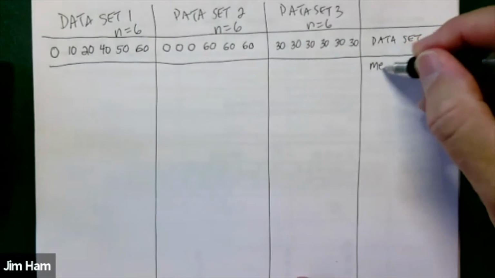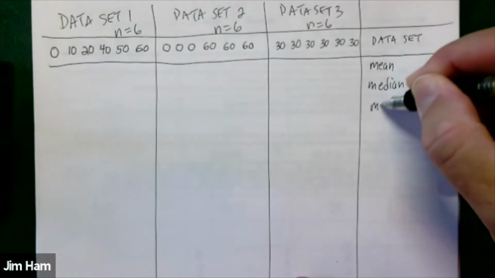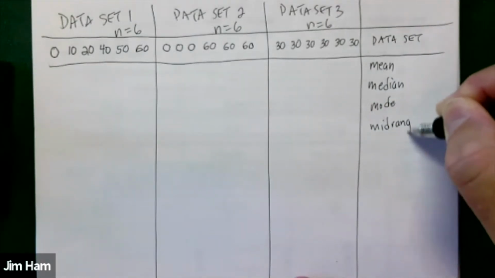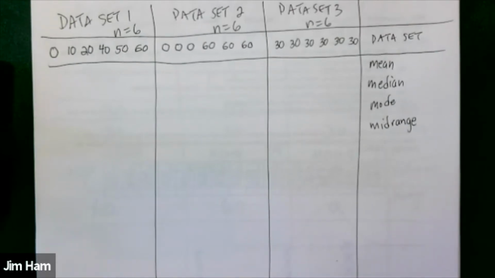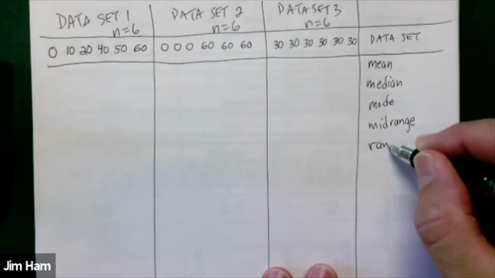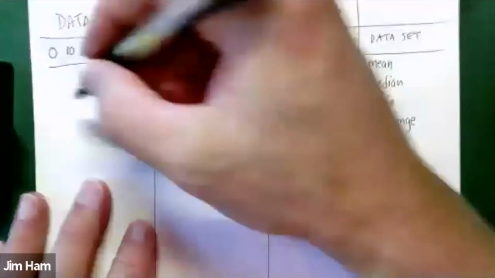And I'm just going to write down the summary statistics: mean, median, mode, mid-range. Again, I hope with these simpler numbers that you are able to calculate these statistics just by knowing what they mean in your head, mental arithmetic. Range, yeah, that's good.